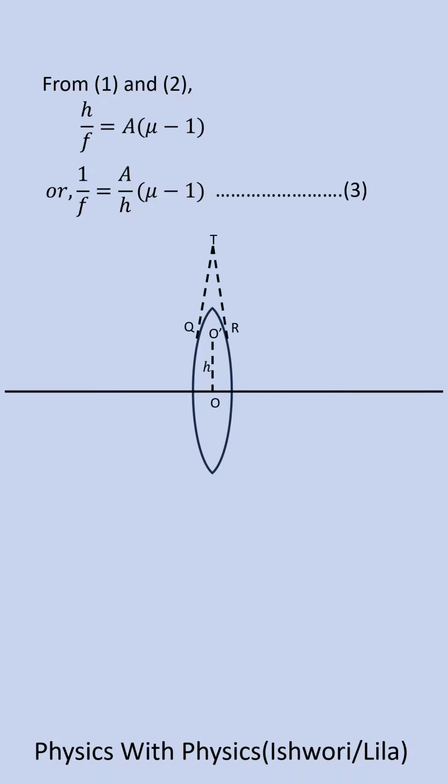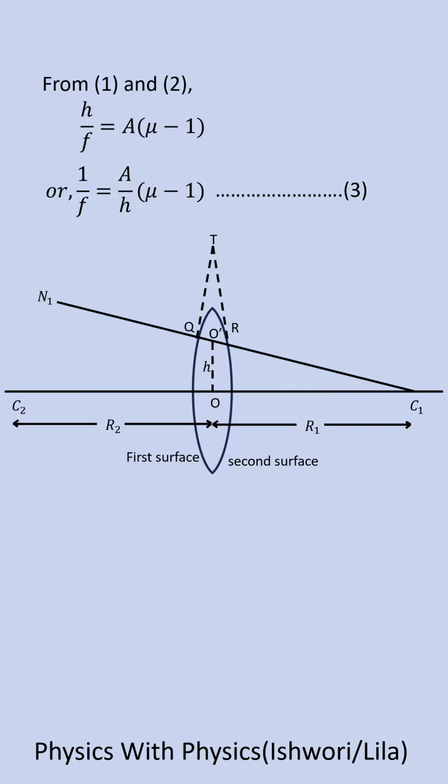Again, we draw the same figure. This is the first surface and second surface. C1 and C2 are the centers of curvature of the first and second surface. R1 and R2 are the radii of curvature. We join C1 and Q. What happens?